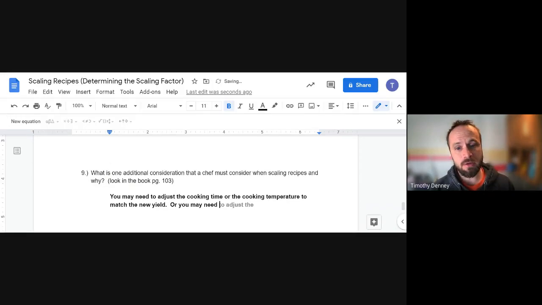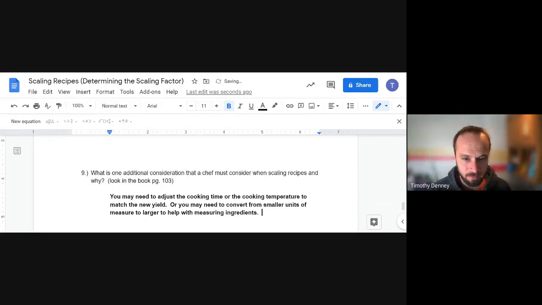Or you may need to convert from smaller units of measure to larger to help with measuring ingredients. All right, remember it's a lot easier to measure 1 cup than it is 16 tablespoons.